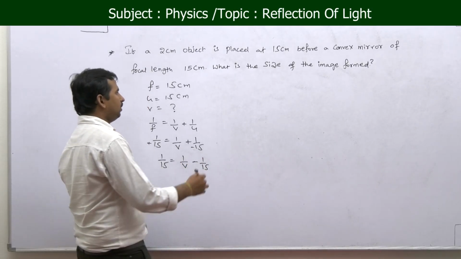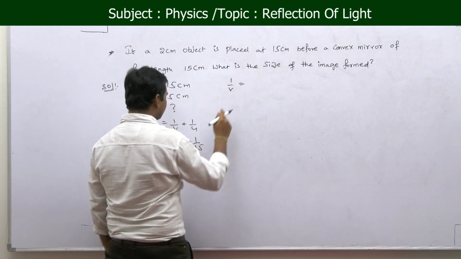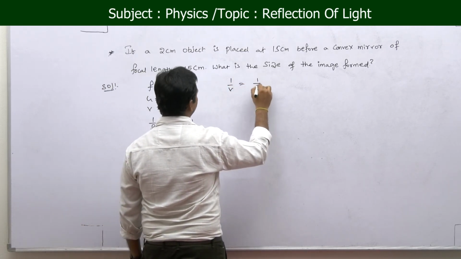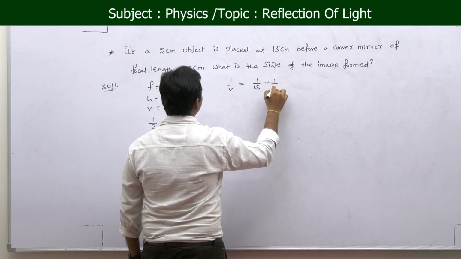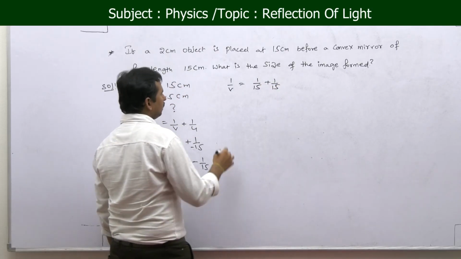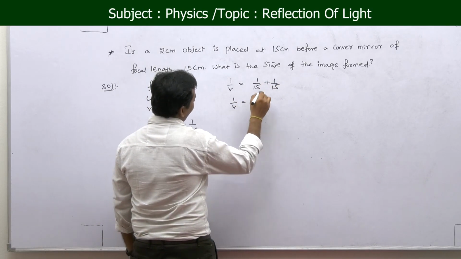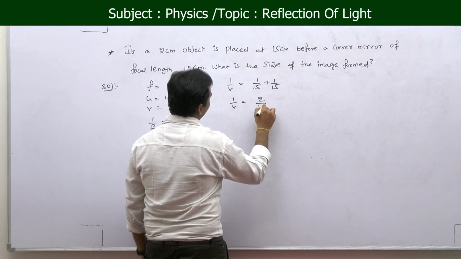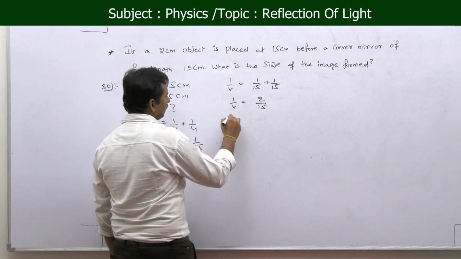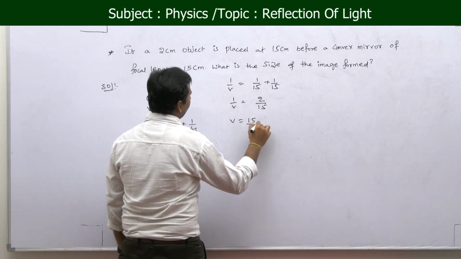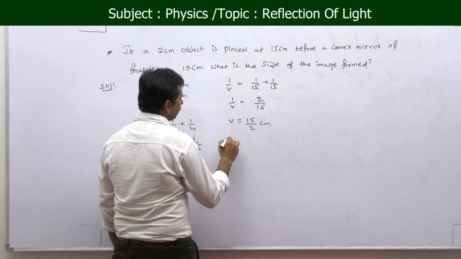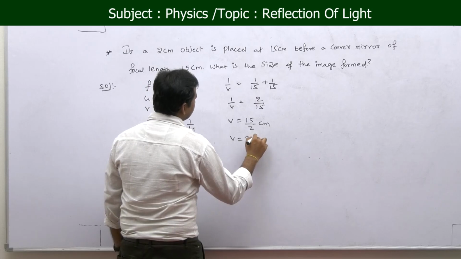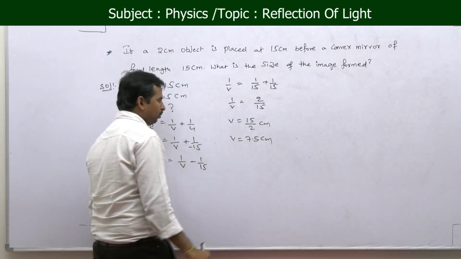Then 1 by v is equal to, bringing this minus to this side, it becomes plus, 1 by 15 plus 1 by 15, which is 2 by 15. Then v is equal to 15 by 2 centimeters, which means v is equal to 7.5 centimeters.